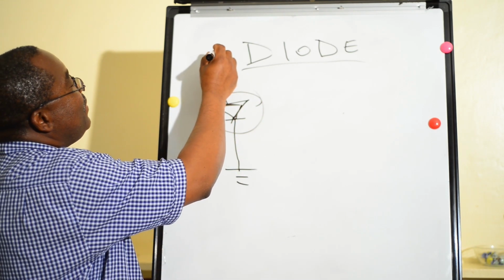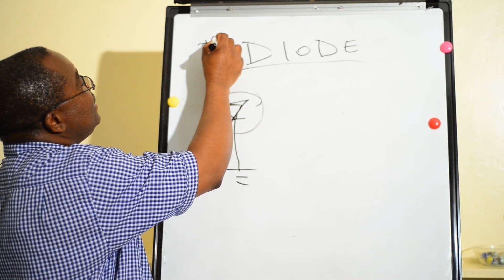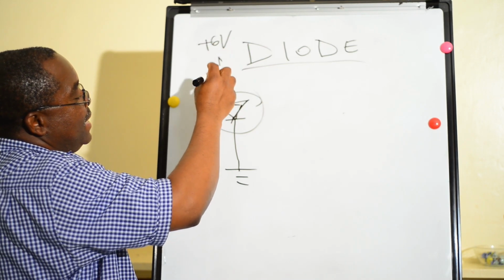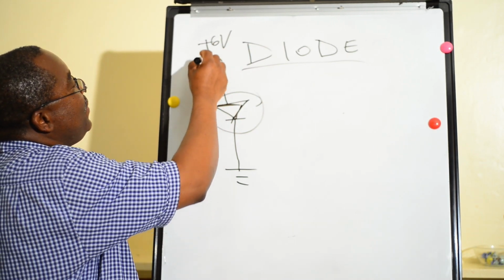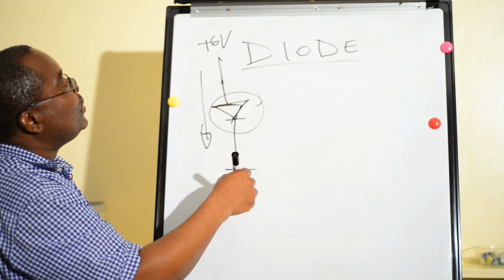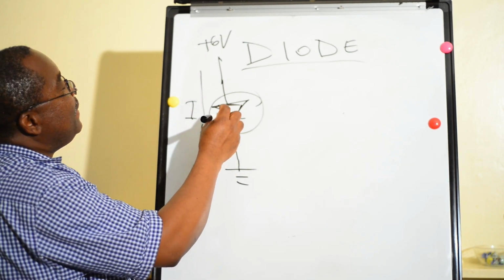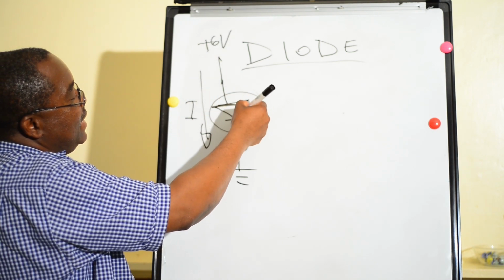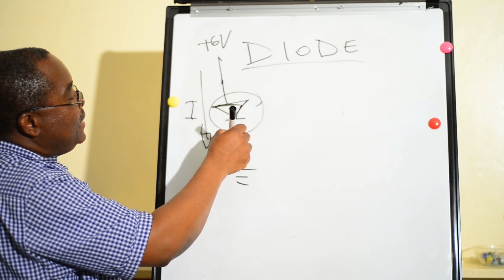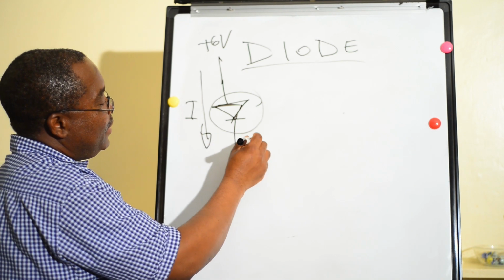The current flows from high potential, let's say this is 6 volts, to low potential. This is the current. Since the flow of the current is in line with the arrow of the diode, the switch will be on.